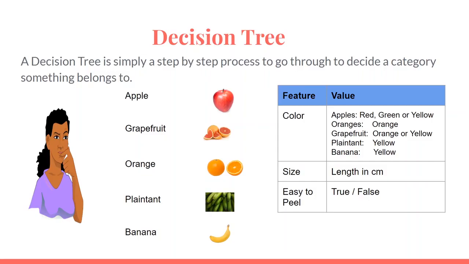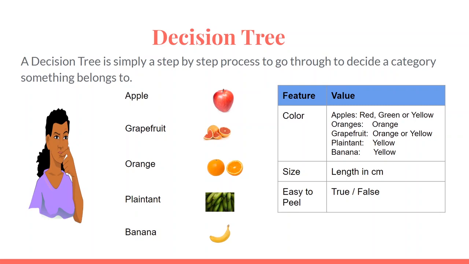Your set of fruits contain apples, grapefruits, orange, plantain, and banana. So to teach someone to categorize these fruits, we'll use the features of the fruits. For example, we have the color. Apples are red, they can be green, they might be yellow as well. Oranges are orange, grapefruit can be orange or yellow, plantain is yellow, and banana is also yellow.